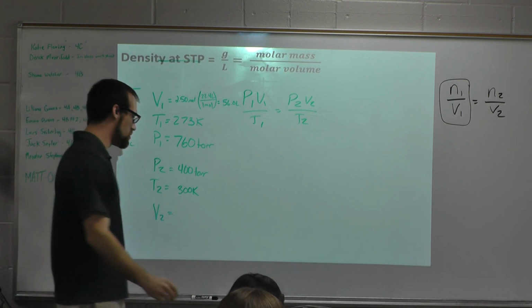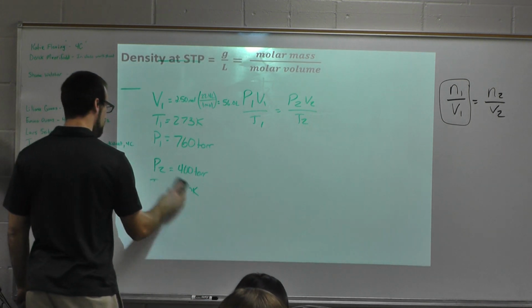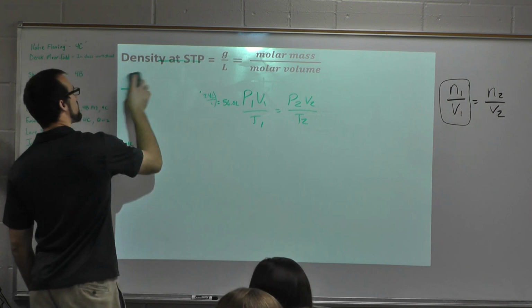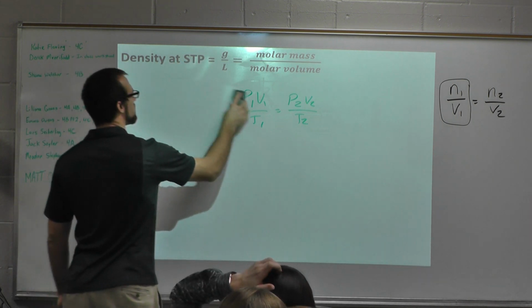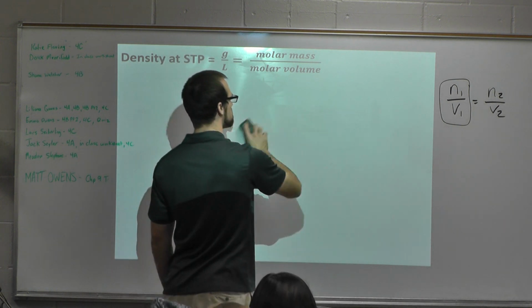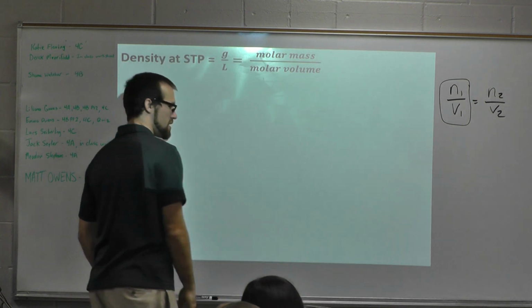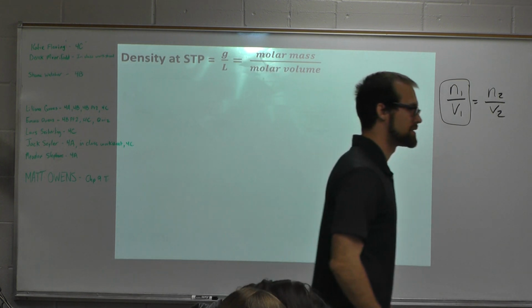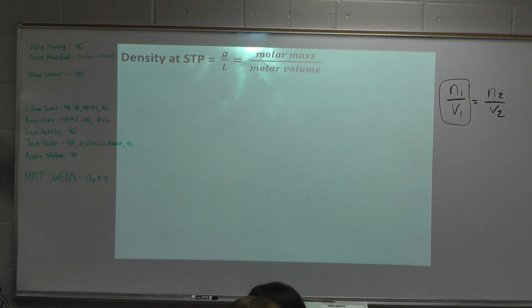You know what's also cool about this? You can find density at standard temperature and pressure, because there's a relationship between molar volume and molar mass, which is really nice.